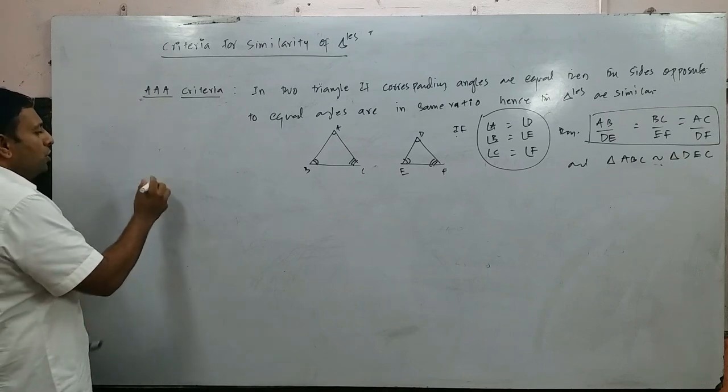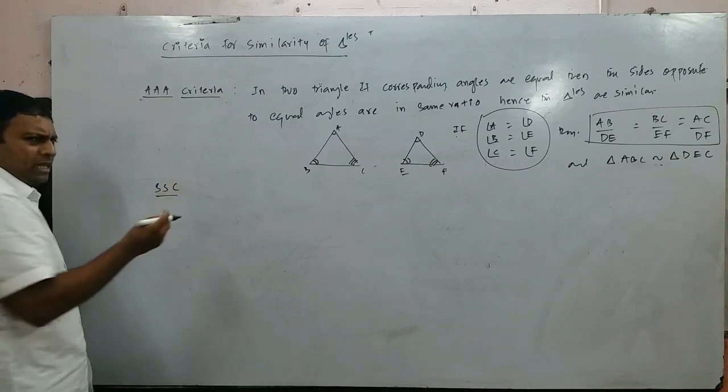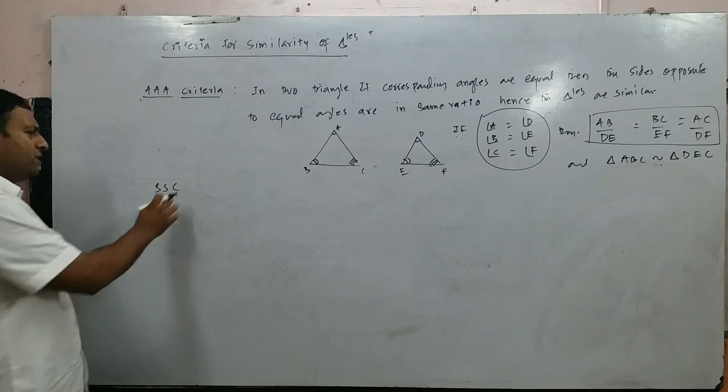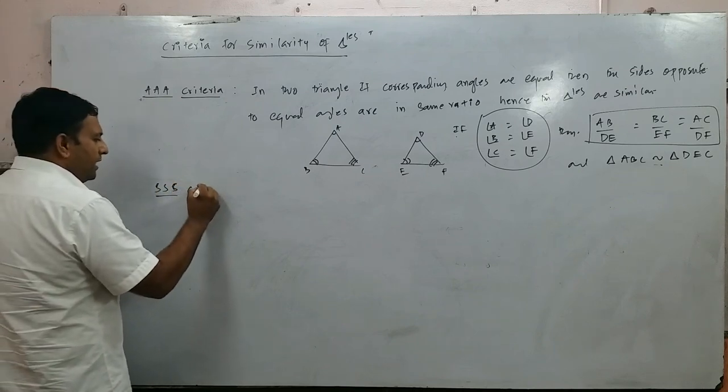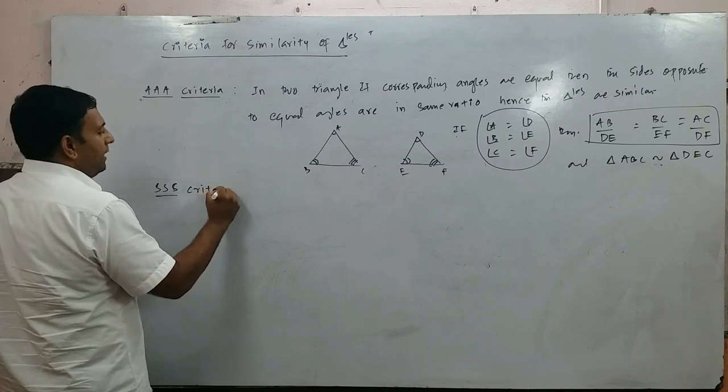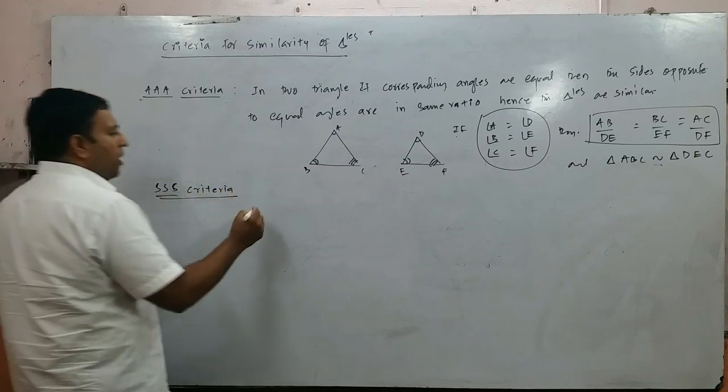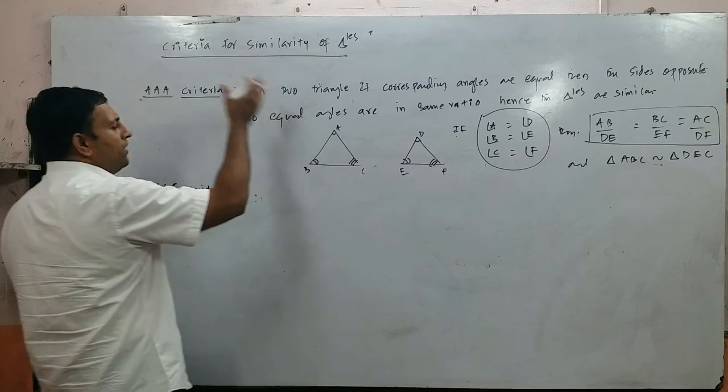Now let us move to the second criteria. It will take another 2-3 minutes for us, so please have patience. Let us go for the next criteria, triple S criteria, that is side criteria, second criteria. Now what does it say? It is quite opposite of what you have written.